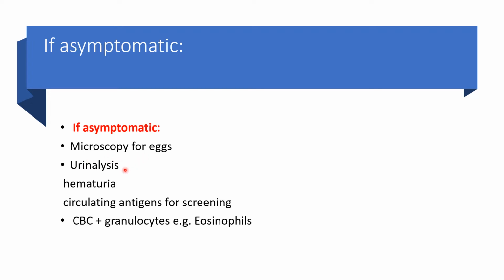I can have urinalysis, particularly when there's hematuria, and of course circulating antigens for screening. We can have complete blood count with white blood cell differentials. I'll be looking for high level of eosinophils. All this could be done in asymptomatic individuals, but with a positive history of contact with contaminated water with cercariae.